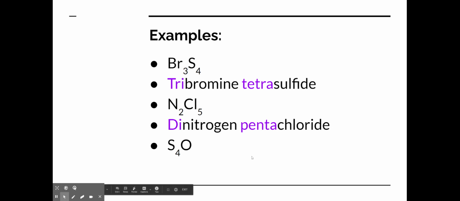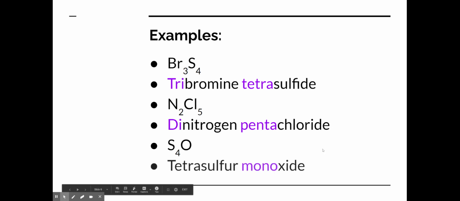All right, so this one is indeed called tetrasulfur monoxide. When the second element is just one, we would go ahead and use the prefix that means one, in other words, mono. But when the first element is just one, we do not bother using the prefix mono.